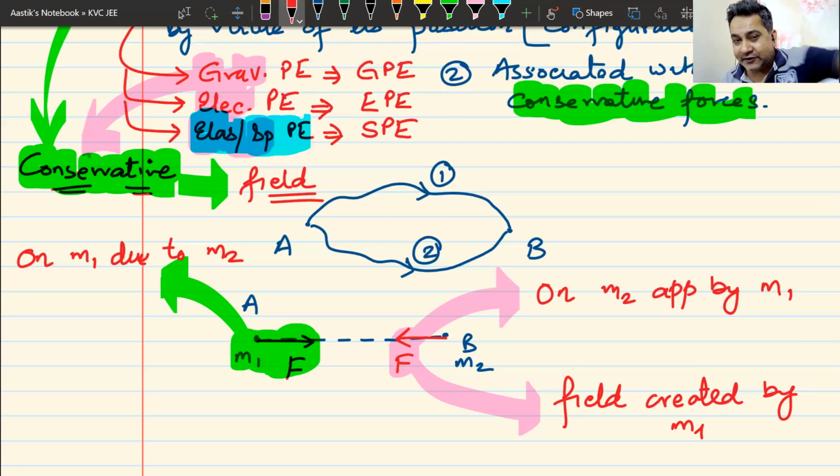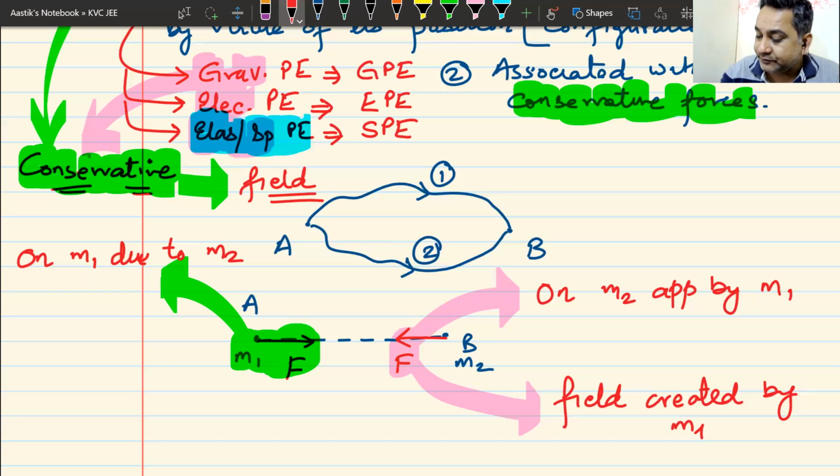Newton doesn't say that if one mass is attracting, the other mass cannot attract the first mass. They attract each other because that is the action-reaction force. So M2 is also creating a field all over the universe. When M1 comes inside that field, M1 experiences force.